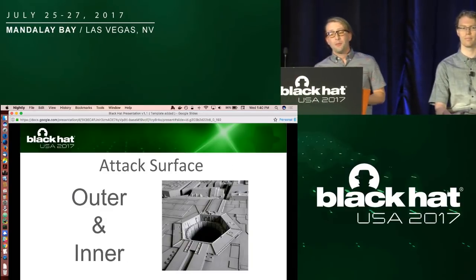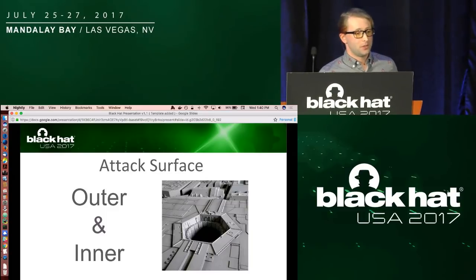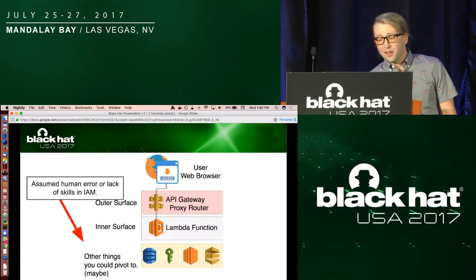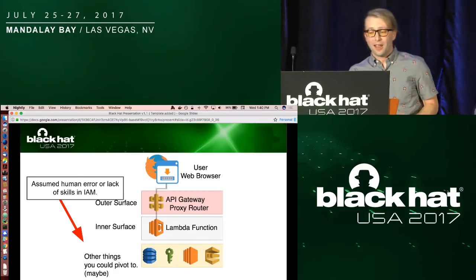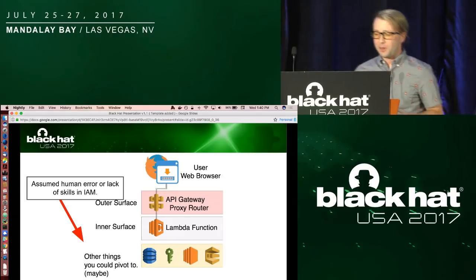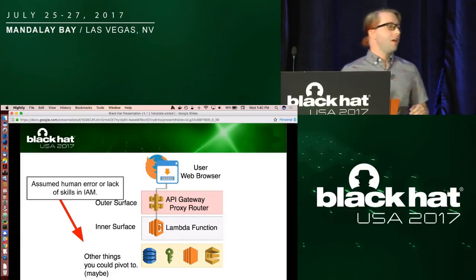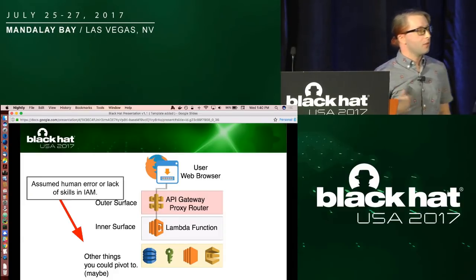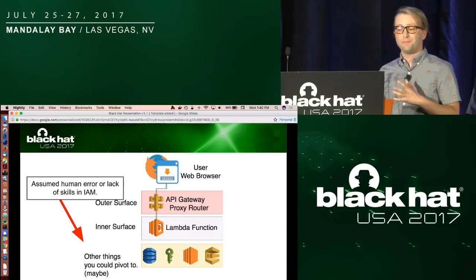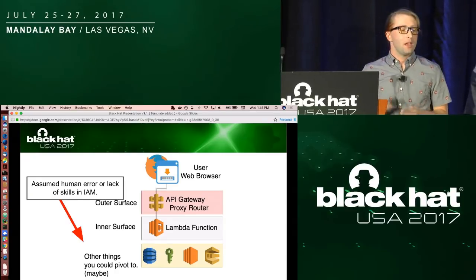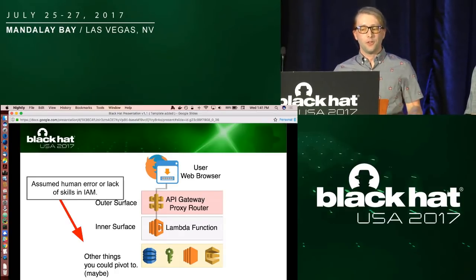These environments have outer and inner attack surfaces, right? They have ideally the hardened outside and the chocolatey center, so to speak. The outside is API Gateway. In Amazon, Azure Functions and other vendors have similar analogs, where it's a mapping of REST methods to serverless execution.